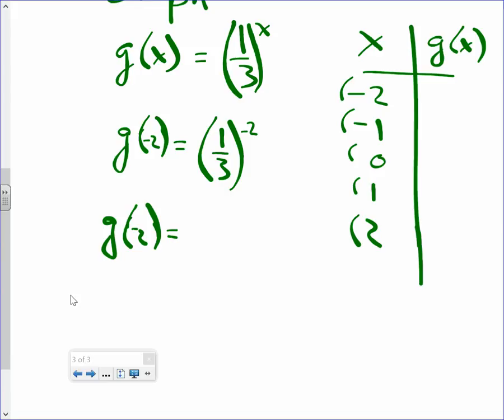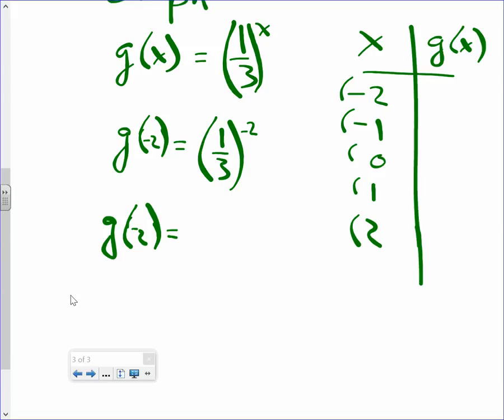So it's g at -2. What do we do here? Good try. There's an exponent rule I can apply here. We'll take every item in parentheses to the -2 power.